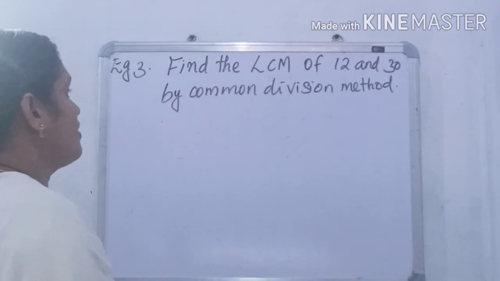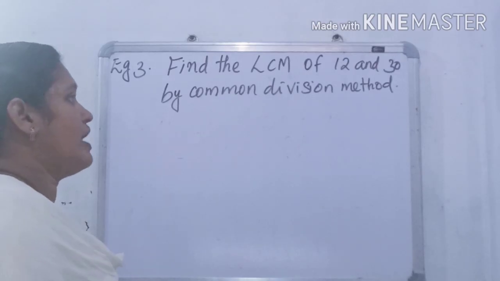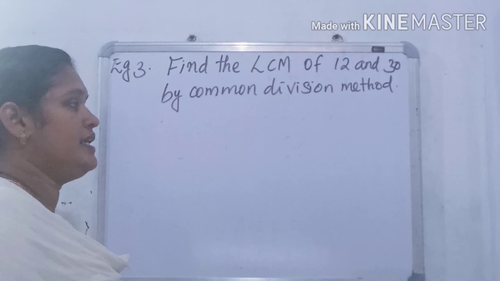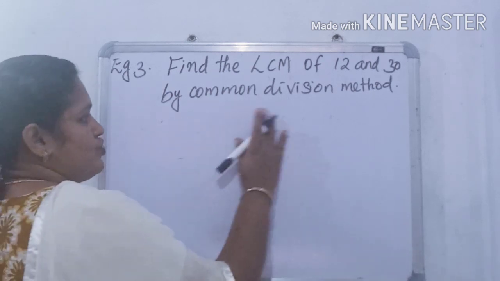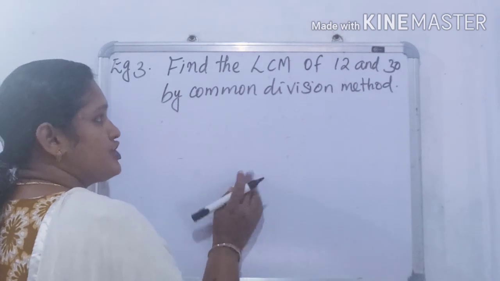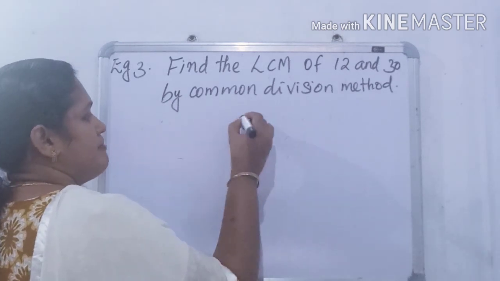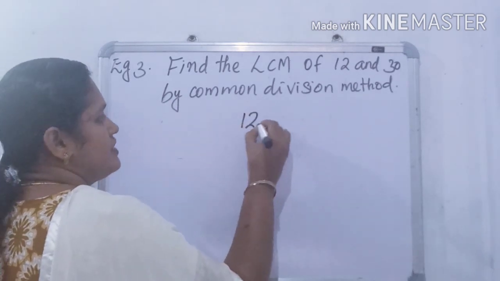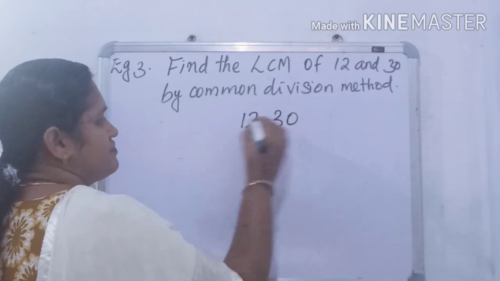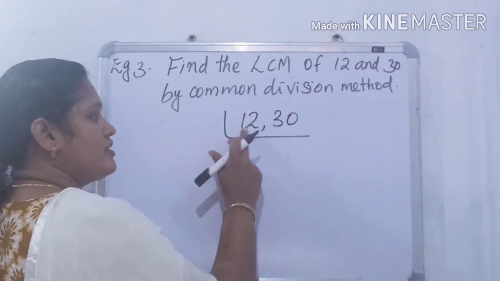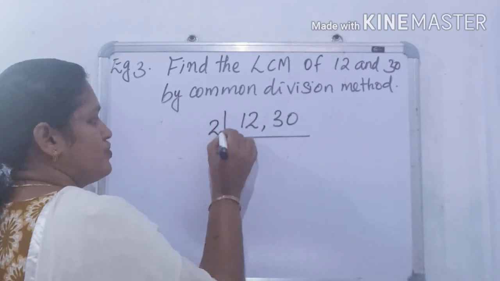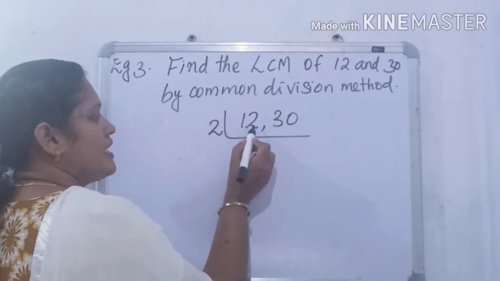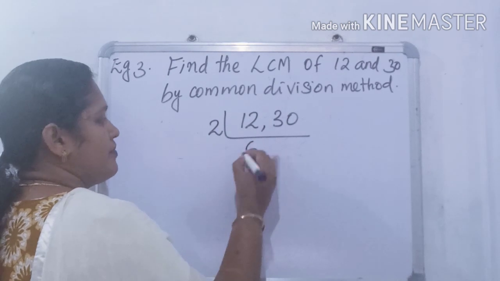Example 3. Find the LCM of 12 and 30 by common division method. We can do prime factorization together. That is common division method. 12, 30. Here both are even numbers, so we can divide both by 2. How many times 2s are there in 12? 6 times.